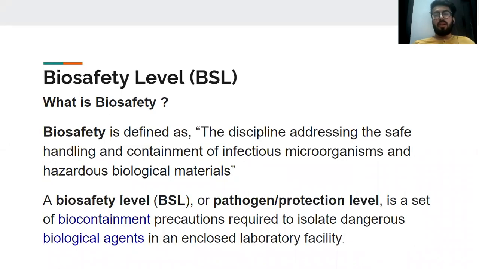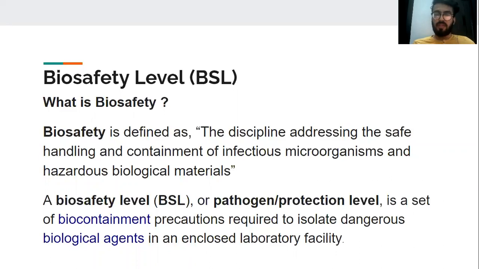So first of all, let's understand what biosafety level, BSL, is. First of all, we will be learning about what biosafety is. Biosafety is defined as the discipline addressing the safe handling and containment of infectious microorganisms and hazardous biological materials.